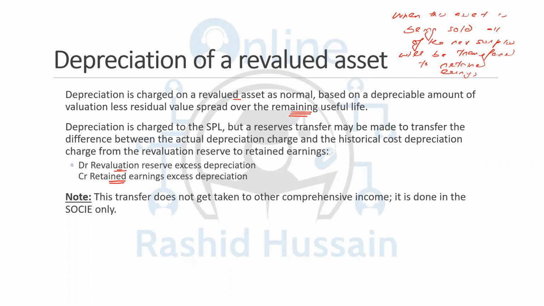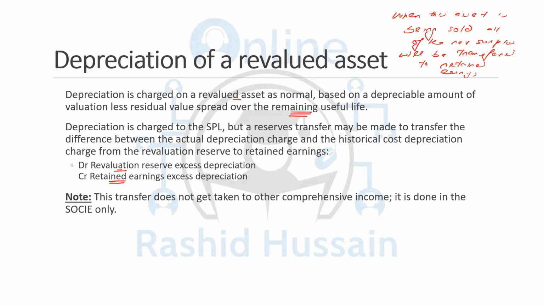That means it will be added to the retained earnings. And when it is added to the retained earnings, there will be a substantial movement in that year's retained earnings. And maybe the shareholders see it as an unusual movement, and the financial statements become incomparable with the previous year. Like how in this year there is a huge movement in the retained earnings. So that movement can be seen as unusual.